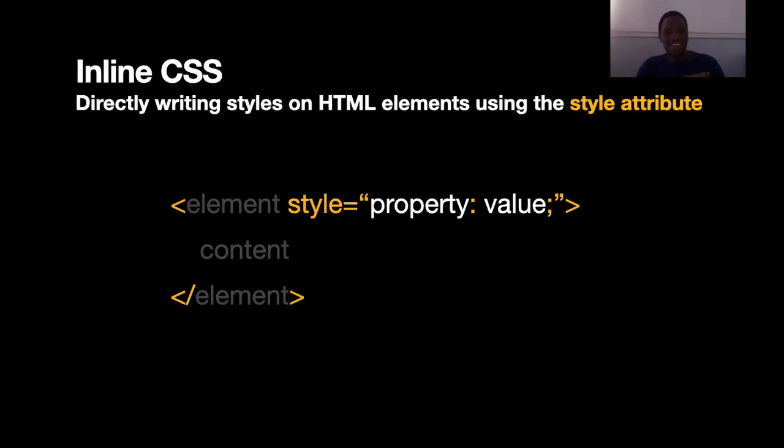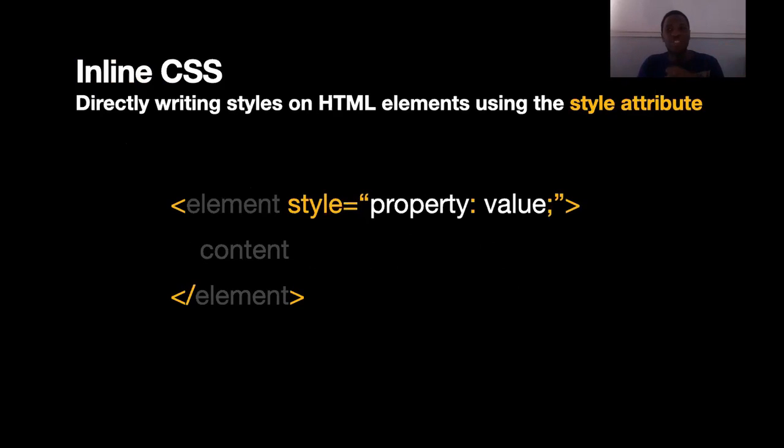So now for inline CSS, as in adding CSS inline, this simply means directly writing your CSS code, or your CSS style declarations, inside the open tag of the element itself. And the only way we can do that is using the style attribute, right?